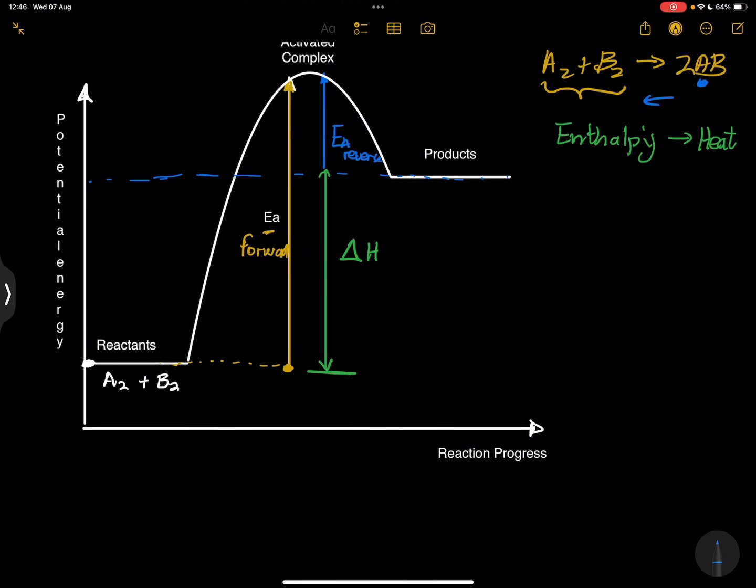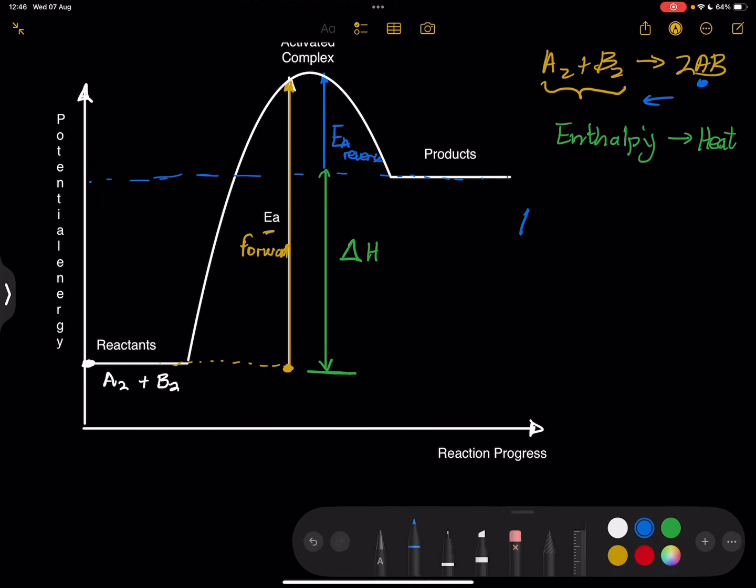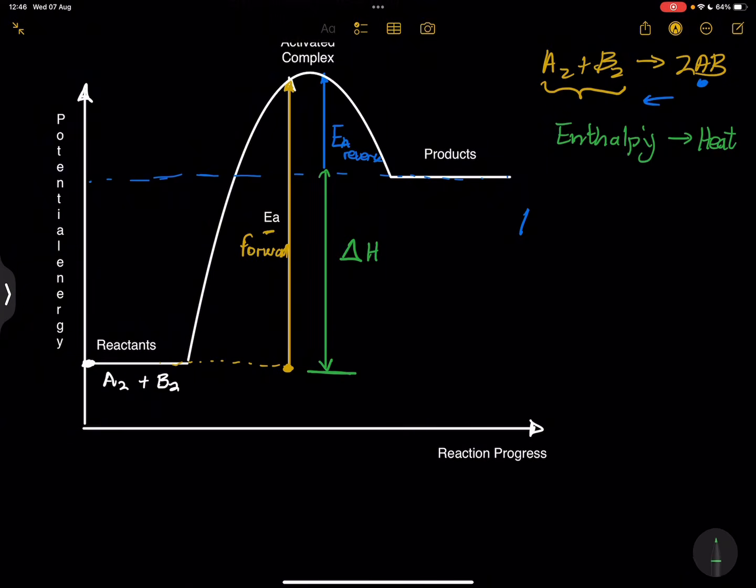So how we're going to calculate the enthalpy change, let me write that in green since it's indicated there in green, right? So we always say delta H, right? We use the energy of the products minus the energy of the reactants. Okay, right.